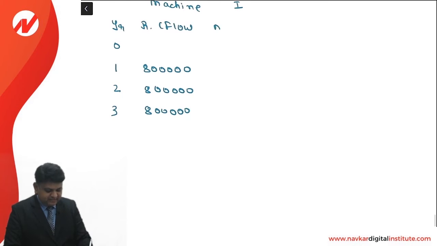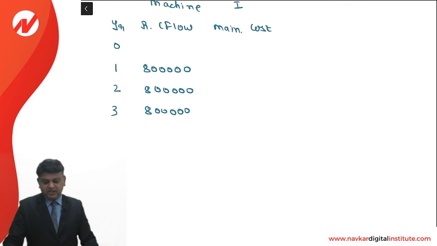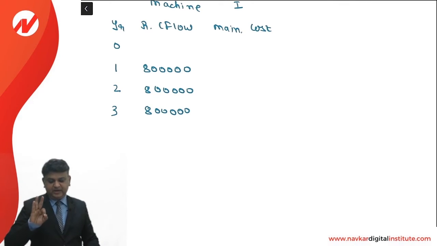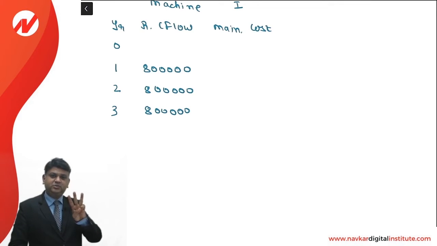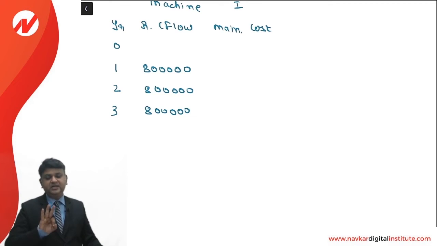So next I am writing maintenance cost. Importantly, the language of the question is very clear. Maintenance costs are payable annually in advance. It means third year maintenance cost will be paid at the beginning of the third year. Dear students, for the purpose of discounting, third year beginning is considered to be second year end.